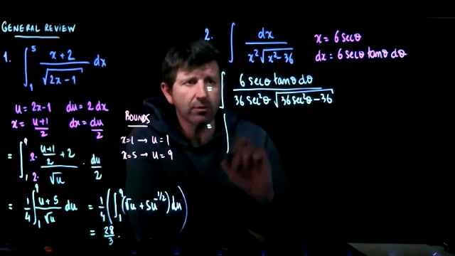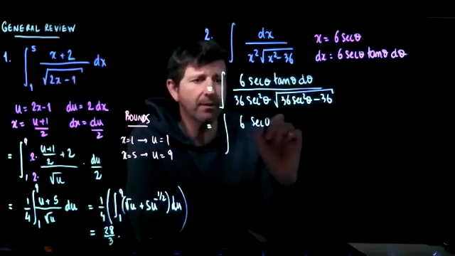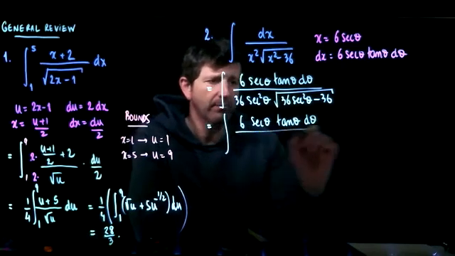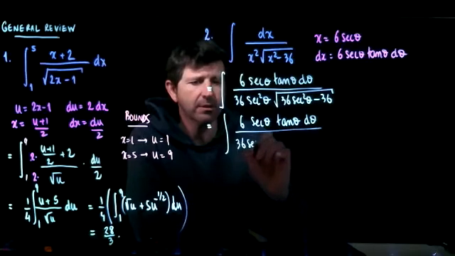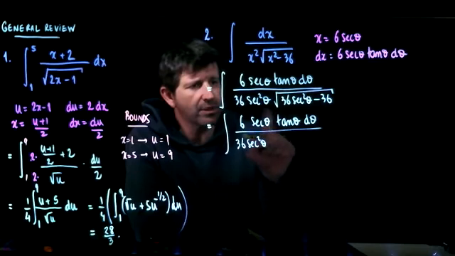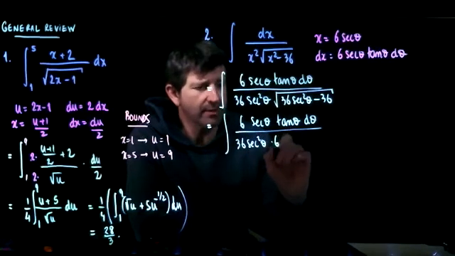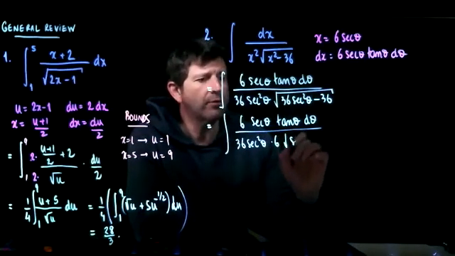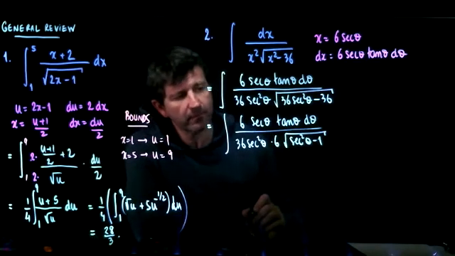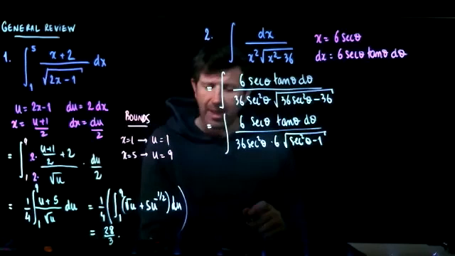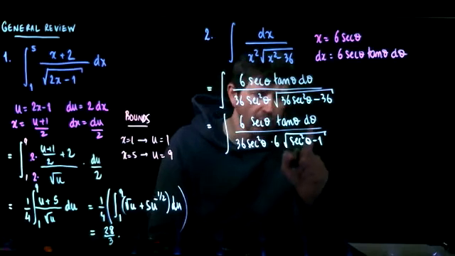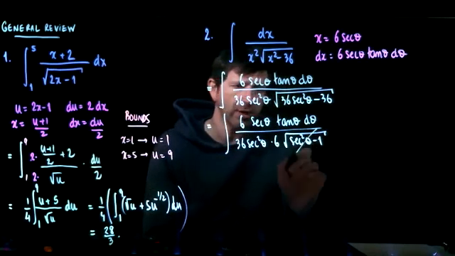Okay, so let's do it. 6 secant tangent d theta, and on the bottom, 36 secant squared theta, and now here I will pull out 36, but 36, if I pull it out of the root, becomes 6 square root of secant squared theta minus 1. And secant squared theta minus 1, that's tangent squared. And square root of tangent squared is tangent, so this will cross out with tangent.